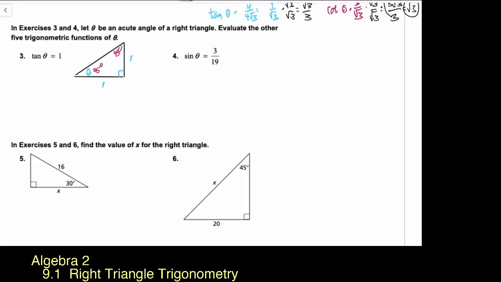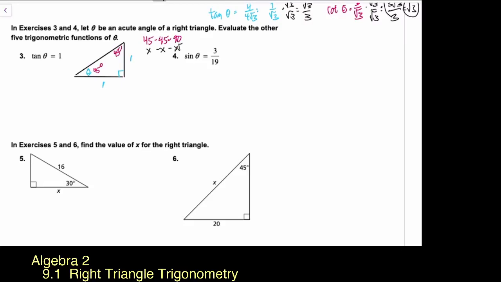And so what does that mean? It means that this is a 45, 45, 90 degree right triangle. Remember we talked about the opposite of 45 is x, the leg, the opposite of 45 is the leg, and the opposite of 90 is x rad 2.